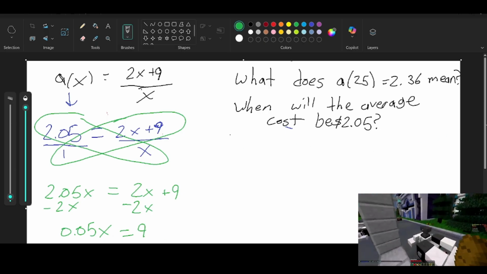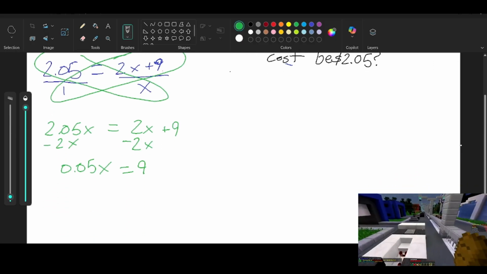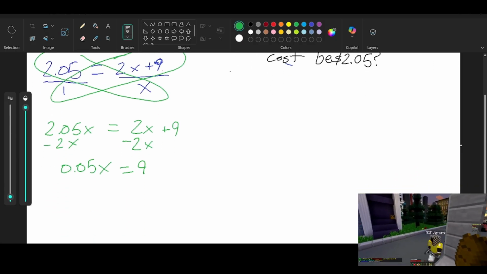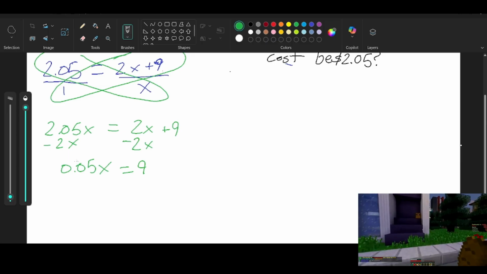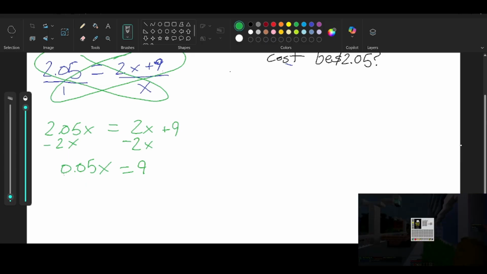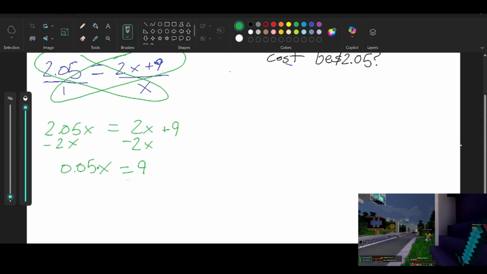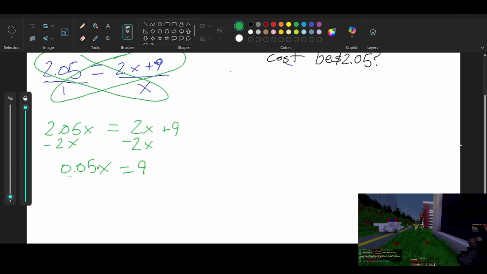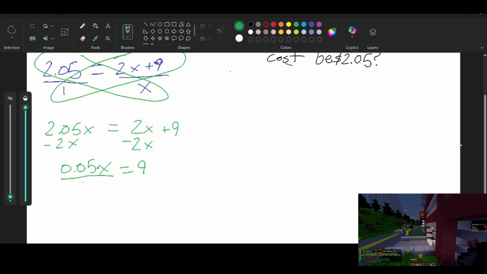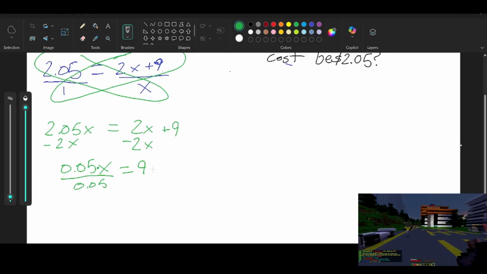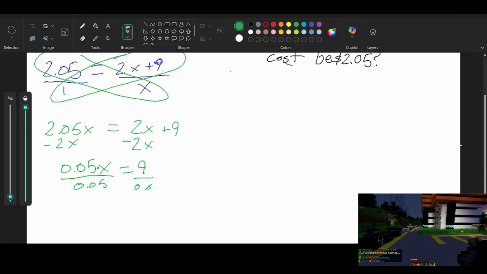So we're getting pretty close. I just need it to be x equals a number, so in order to get rid of the 0.05 in front, I have to divide. Because 0.05, technically that's multiplying with the x. So in order to get rid of it, I have to do the opposite and divide by 0.05. So I get 9 divided by 0.05.